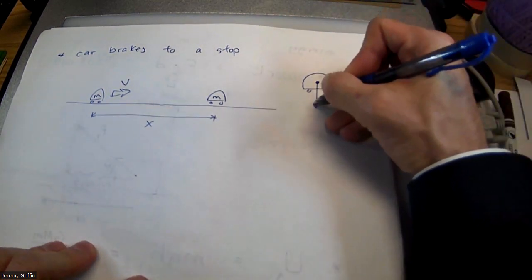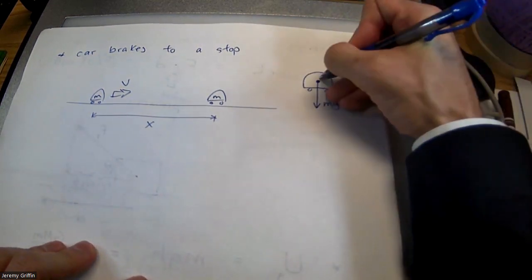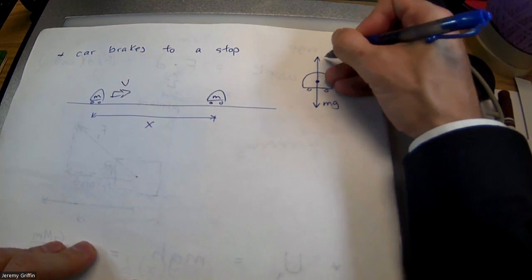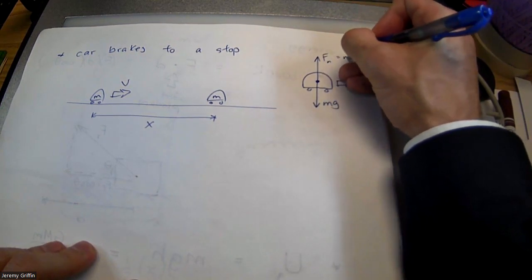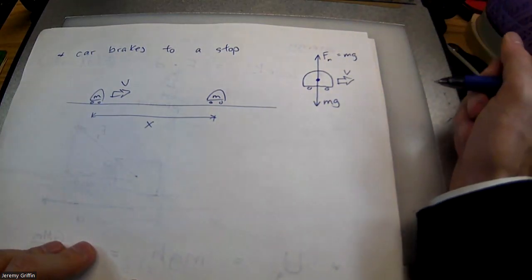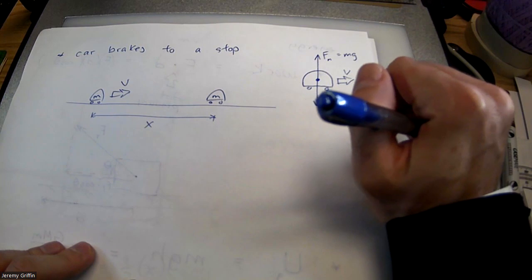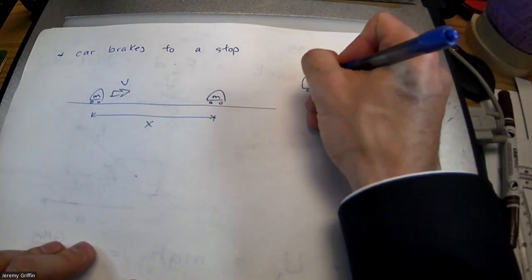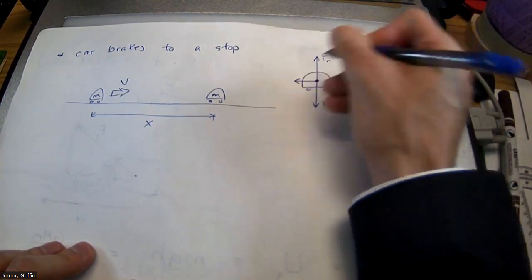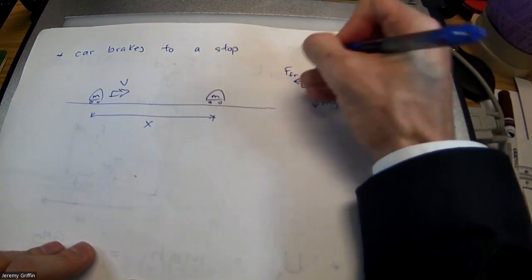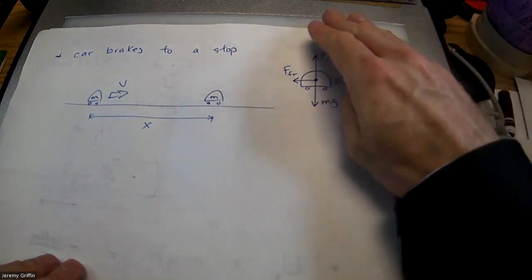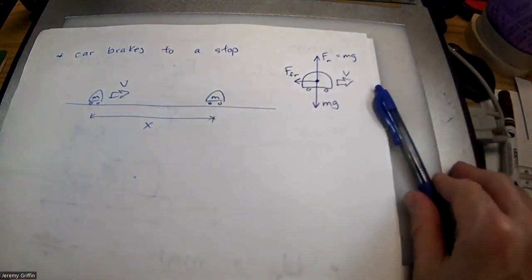Maybe this car has a weight mg. Maybe there's a normal force from the road that's exactly equal to mg as long as it's on a level road, not going up any hills. And if this car is braking to a stop, then what's the last force? Friction that opposes the motion. That's a side thought. You don't actually need this to set up the conservation of energy, but I'm going to refer to it later anyway.